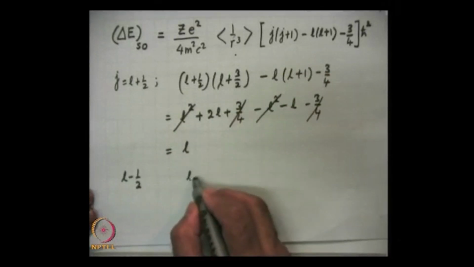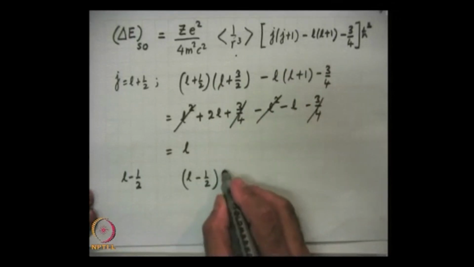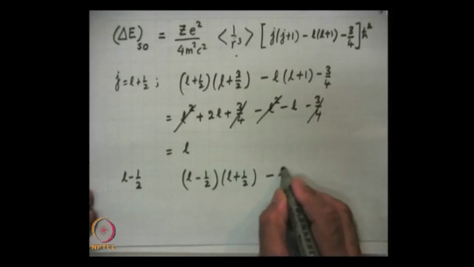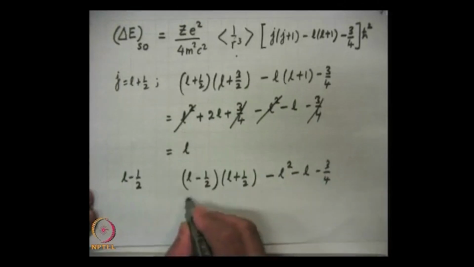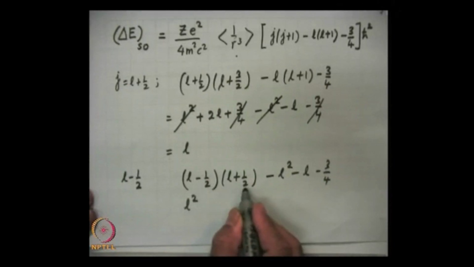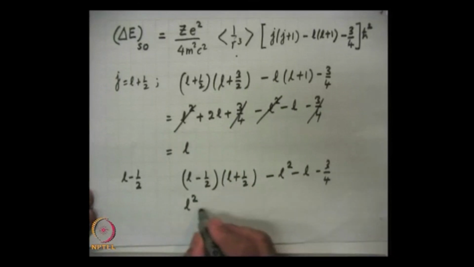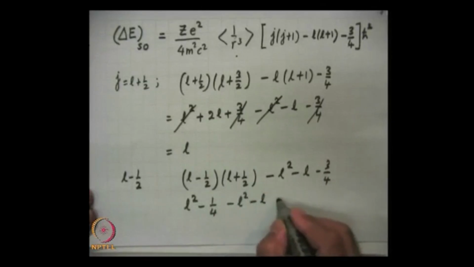Similarly, for j is equal to L minus half, this becomes L minus half plus 1, that is L plus half, minus L square minus L minus 3 by 4. So, this becomes L square minus 1 by 4, minus 1 by 4 is minus 1 by 4, minus L square minus L minus 3 by 4.